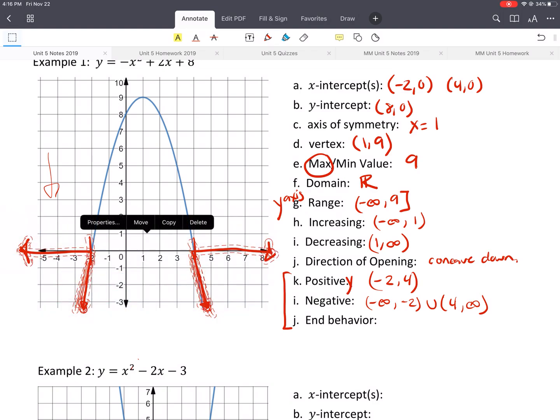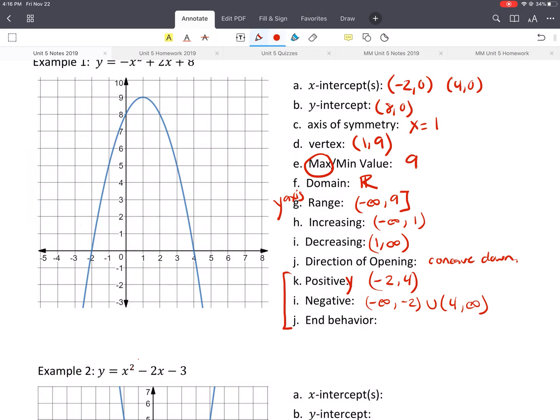Let me clear this out again. End behavior. Okay, so if this continues to go forever, and it does, we want to find what happens as you go in the positive x direction all the way to infinity. So as long as you keep going this way, if you plugged in 8 and then you plug in 9, as we keep going, we want to see what happens to y.